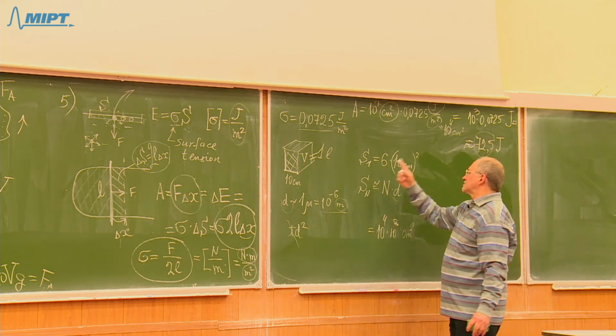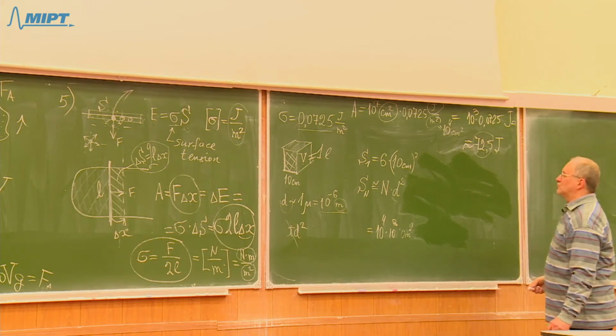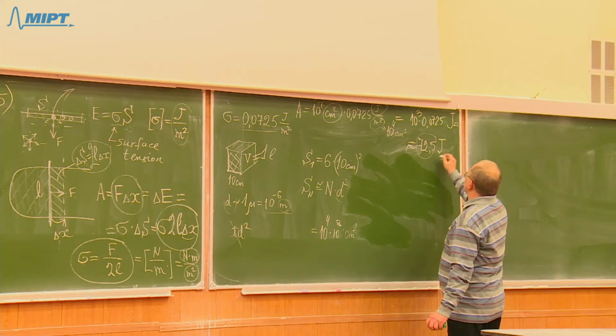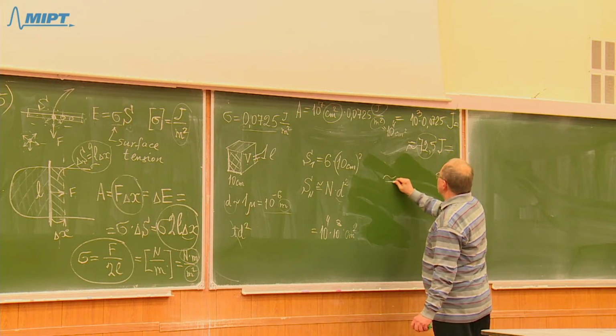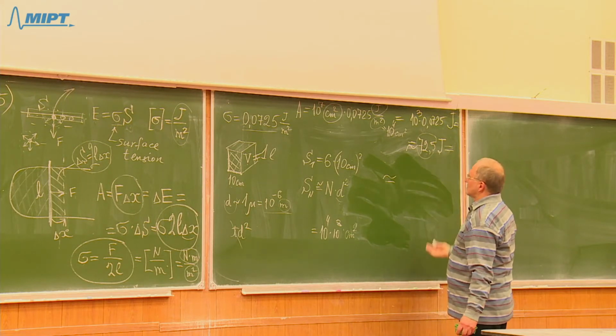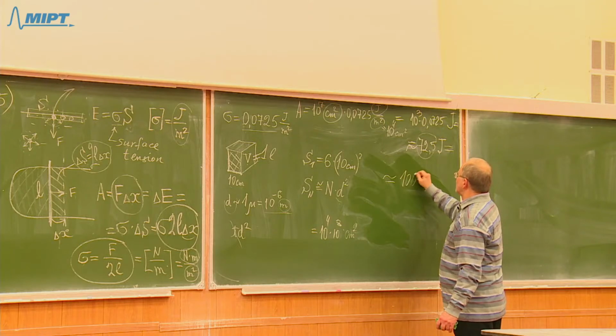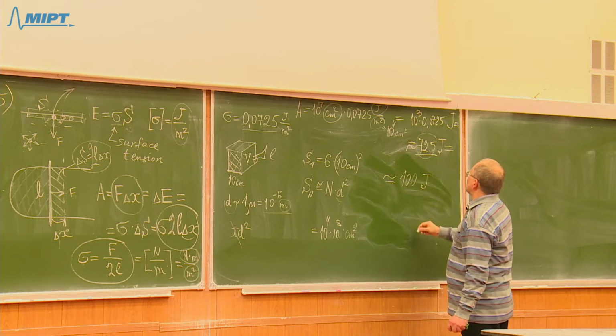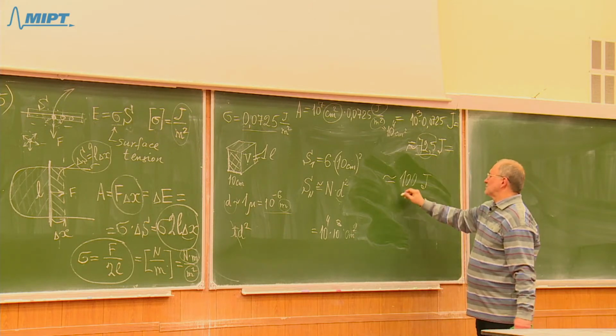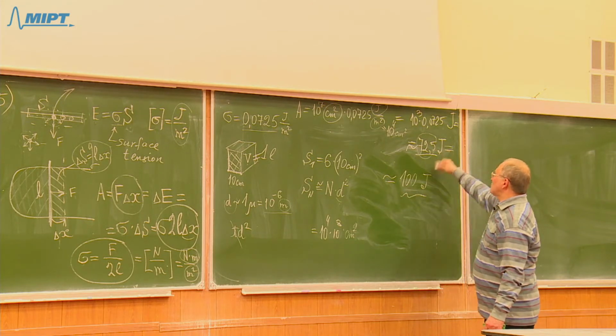As the calculations were carried out to the order of magnitude, then all this should be written as about what? About 100 joules. We approximate the given number by 100, approximately, by the order of magnitude.